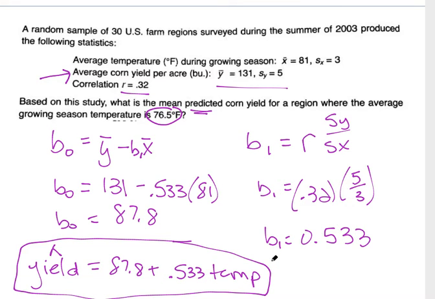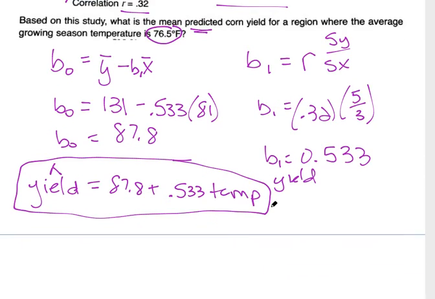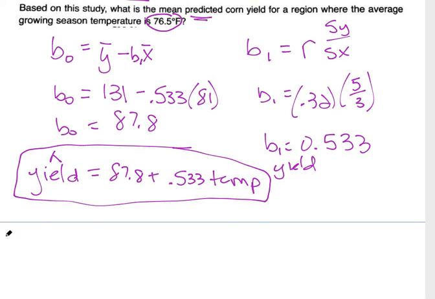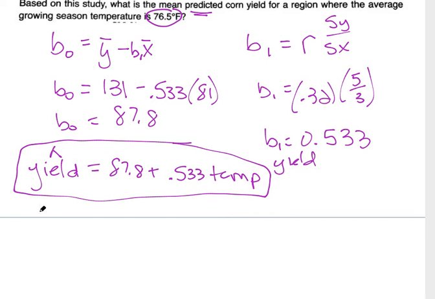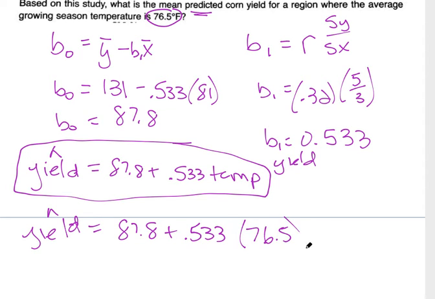All right, so now we have to figure out the problem. So the predicted corn yield where the temperature is 76.5. So yield hat is equal to 87.8 plus 0.533 times the temperature, which is 76.5.